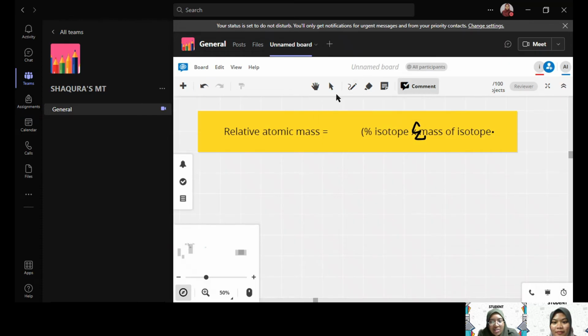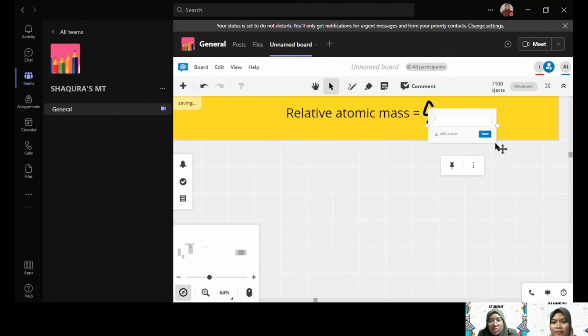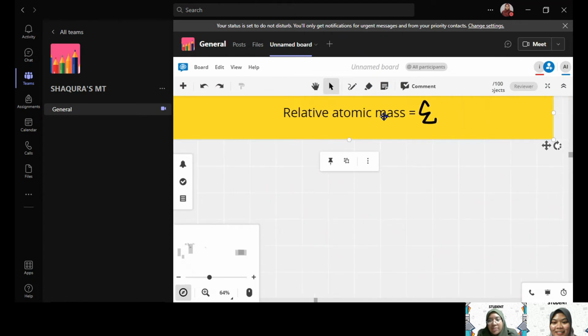Okay. Now the formula is percentage of isotope multiplied by mass of isotope. Why did you undo? Because I got it wrong. Okay, put the bracket after that.